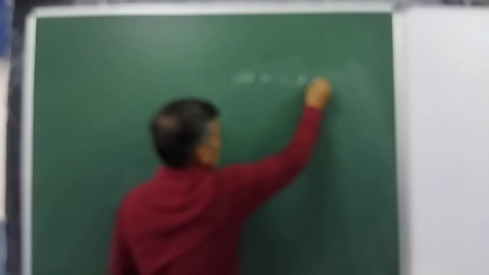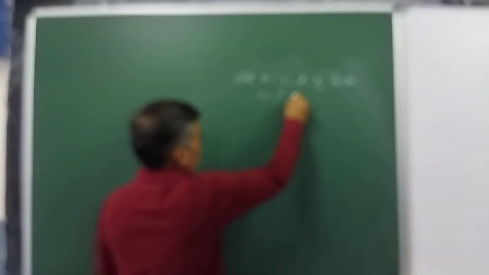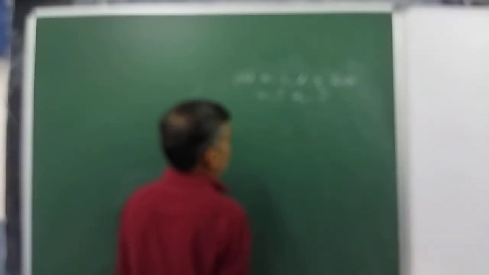So, in sixth part, A is equal to 2, D is equal to 8, then Sn is equal to 90. We need to calculate the value of N and then AN.